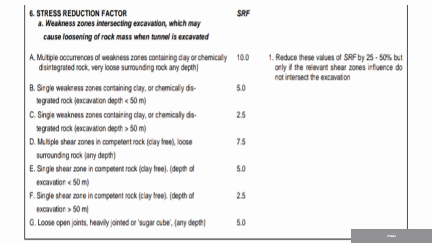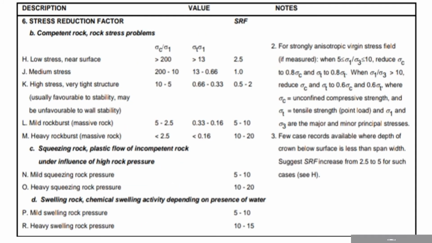Reduce these values of stress reduction factor by 25 to 50%, but only if the relevant shear zones do not intersect the excavation. These are the stress reduction factors for competent rock or rock stress problems. These are stress reduction factors for squeezing rock, plastic flow of incompetent rock under the influence of high rock pressure.